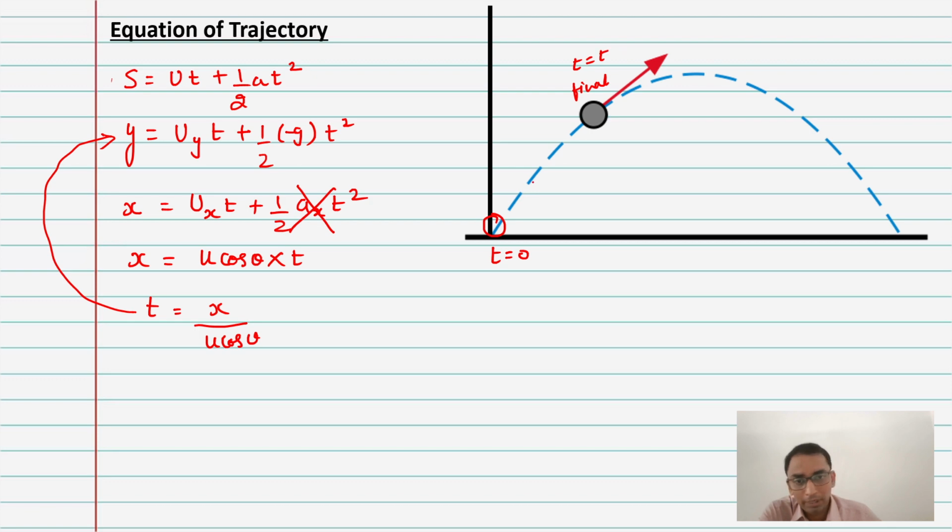You may take the ball anywhere you like. I'm going to join the initial position and final position with the help of a straight line, arrow towards the final position. This is my displacement vector s, which is mentioned over here. And the component of this along the x-axis is x, and the component of this along the y-axis is y.